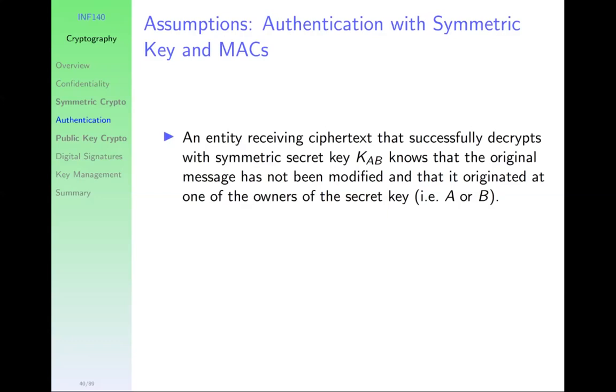If an entity receives a ciphertext and can successfully decrypt it with the key shared with the sender, like Alice. So Bob receives a ciphertext from Alice, and he has a pre-shared key with Alice.